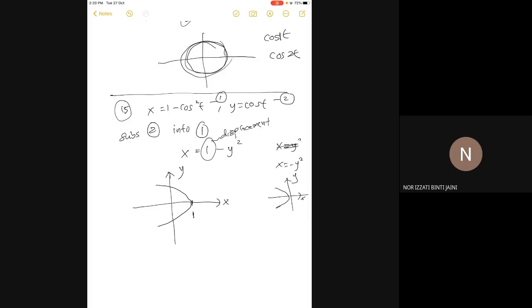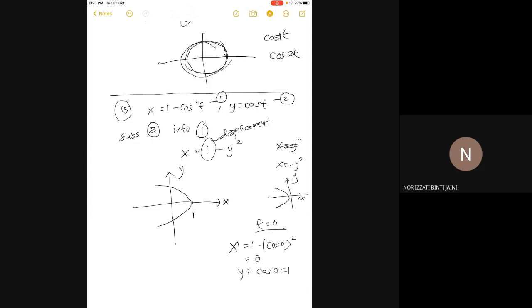What remains is plotting points, which is the same too. Just take t equals 0. Since it's squared, it must have an orientation going back and forth like a pendulum. At t equals 0, x equals 1 minus cos 0 squared, which is 1 minus 1 equals 0. y equals cos 0, which is 1.